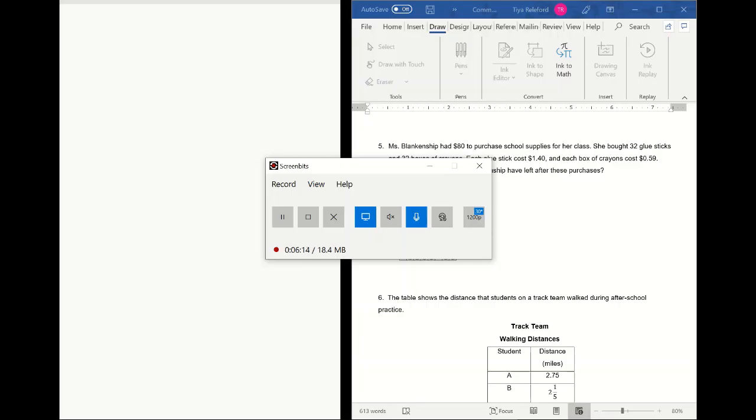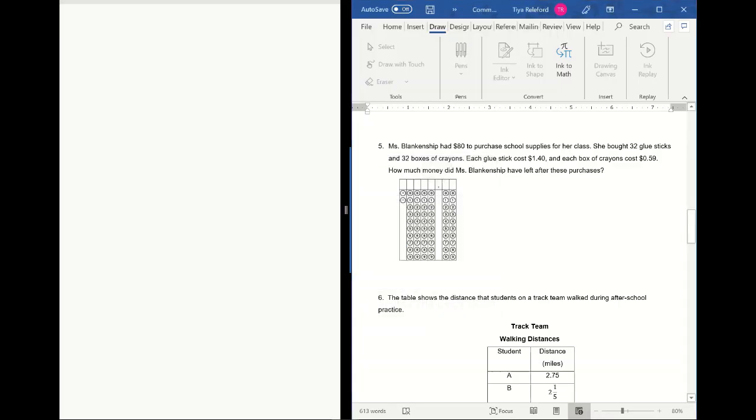Okay, so she bought glue sticks, and those were $1.40 times 32. And she bought crayons, and those were 59 cents times 32.